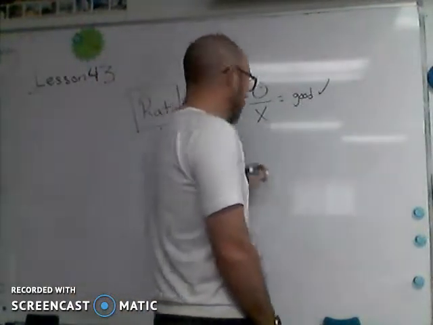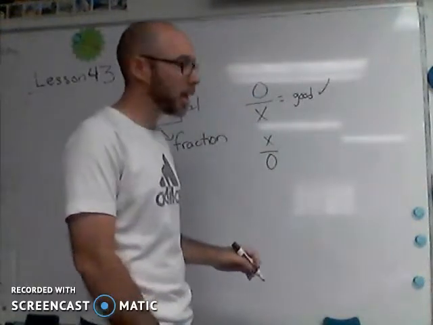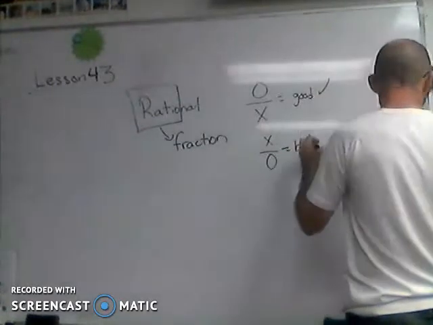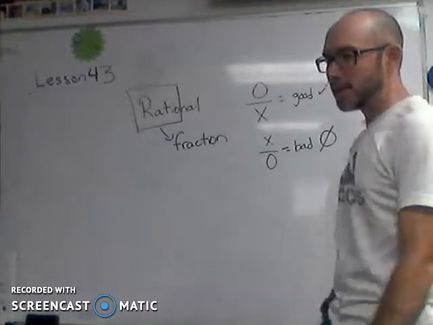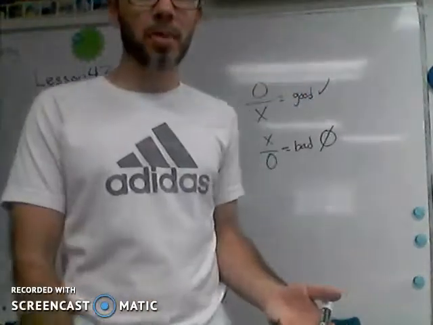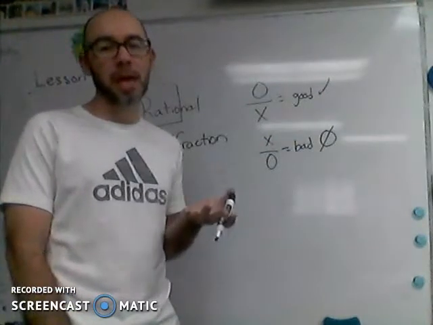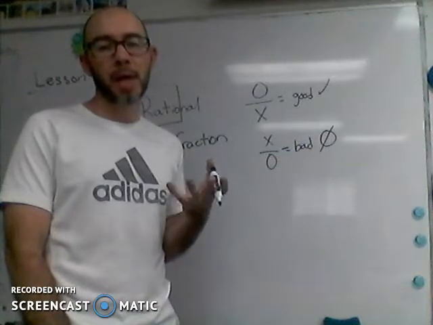As long as x isn't 0, then we're good. We could play around. But if we've got some number and we're trying to end up dividing by x, well, that's bad. And that results in a thing called a null set. Or, a better way of describing it would be saying that it is undefined. Math does not have a definition for a number divided by 0.